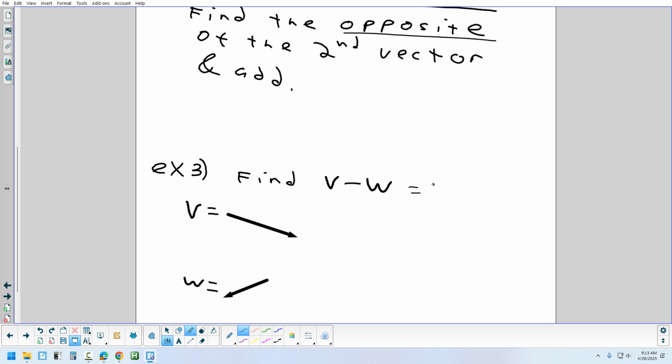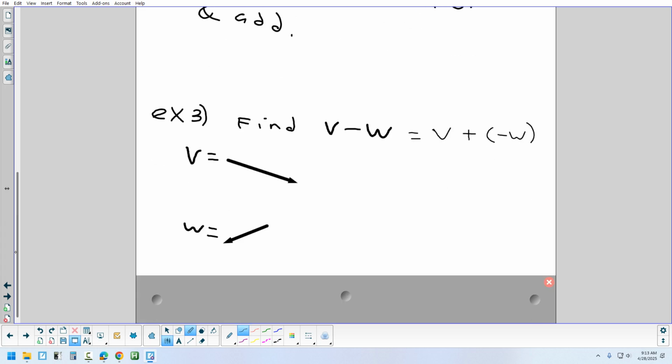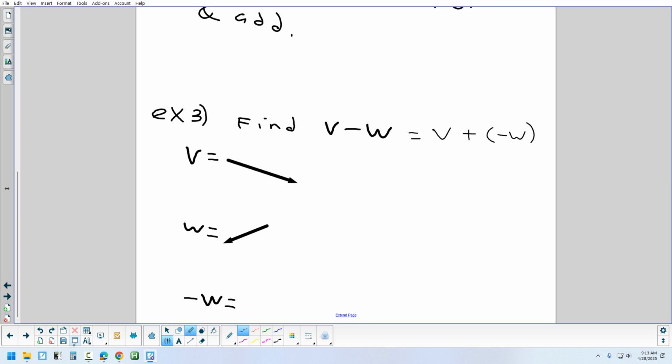You know how you go one way for that, you just turn it the opposite way. Okay, so we're going to turn something the opposite way. And what does that mean? How are we going to think of it when we write it? V plus -w. V plus w turned around. Yeah. V plus the opposite of w. So first thing I need is the opposite of w.